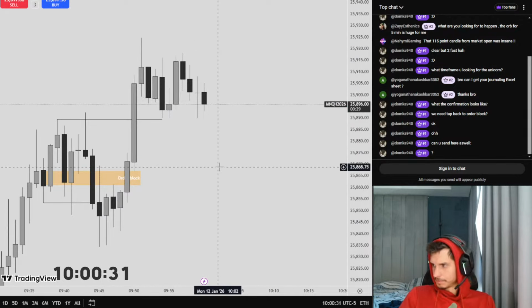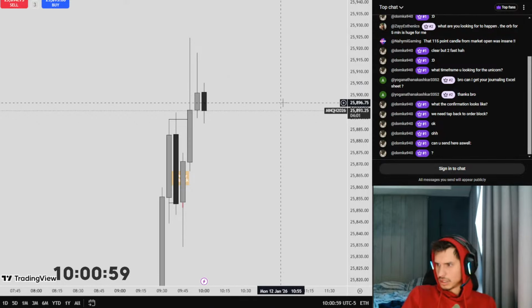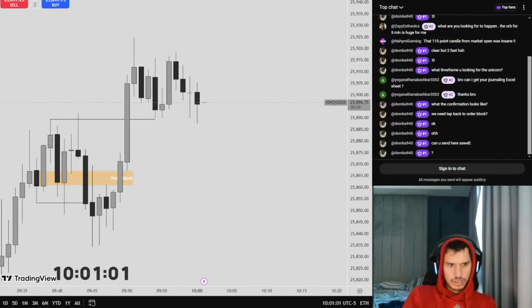We also have a 5-minute gap. That could be interesting to see get inversed. Ten a.m. candle open right here.